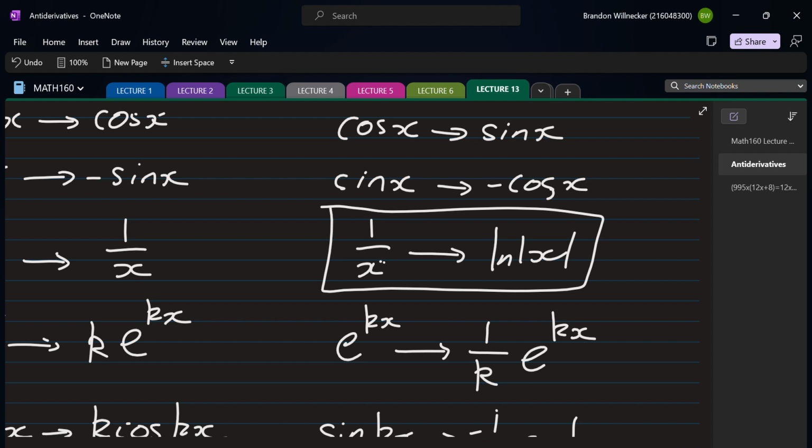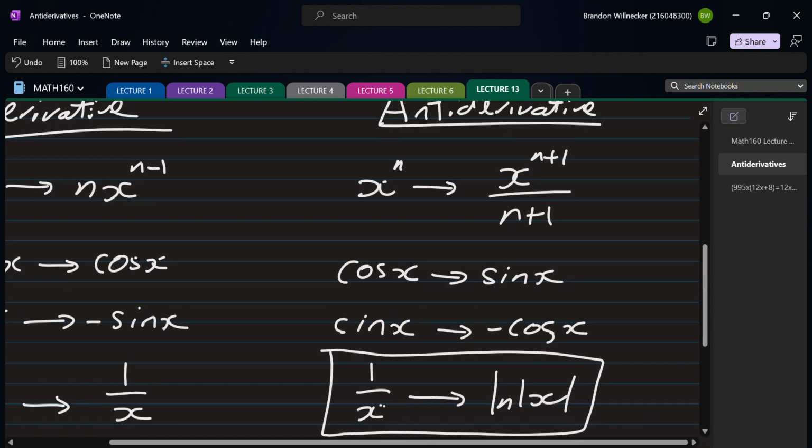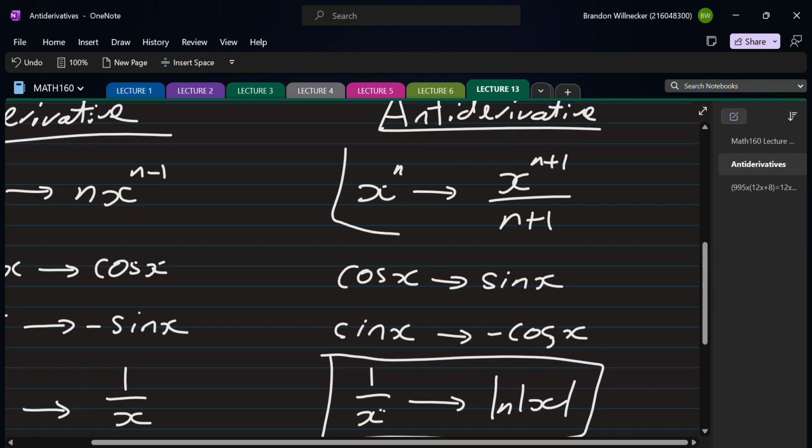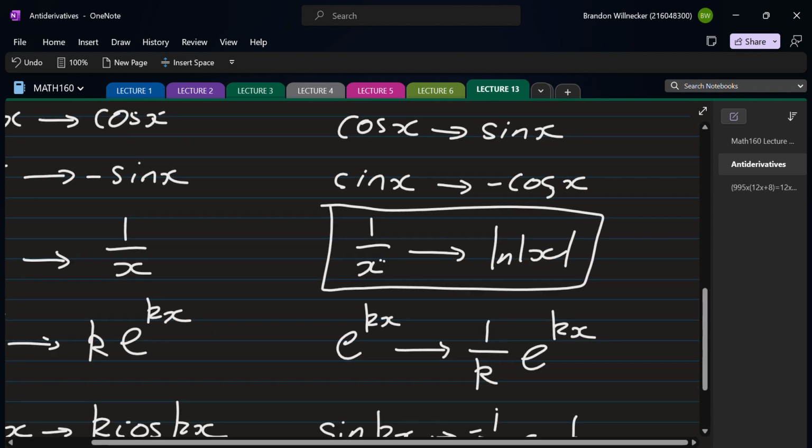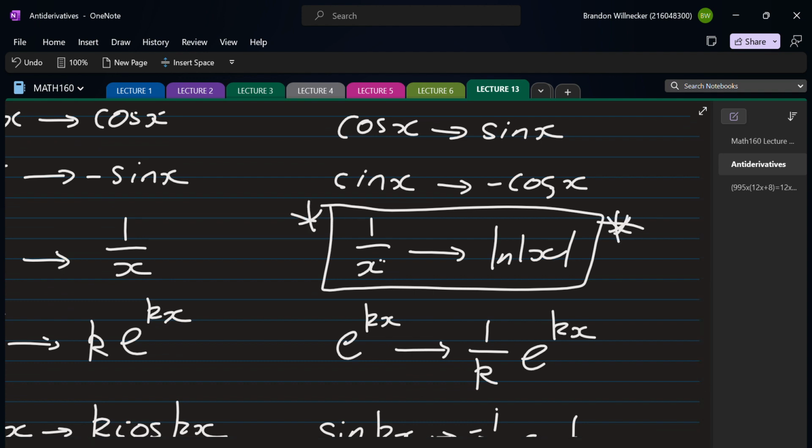Anything else, fractional exponents, negative exponents, positive exponents, we use this first one. Okay, so the only time we don't use that first one is when that n is -1, then we have 1 over x, and then we use this, the natural log. Okay, so big star over here, this is our special case to the power rule.